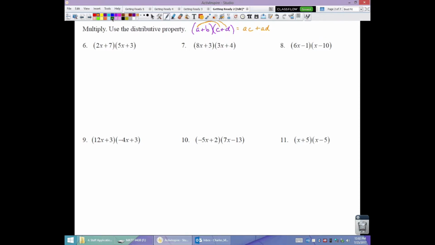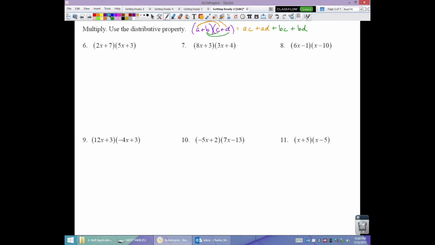Then we would turn around and do the same thing with the b. b times c and b times d. You may or may not have like terms after all that as another step, but that's what they mean by distribute. Everything in one parentheses gets multiplied by everything in the other parentheses.